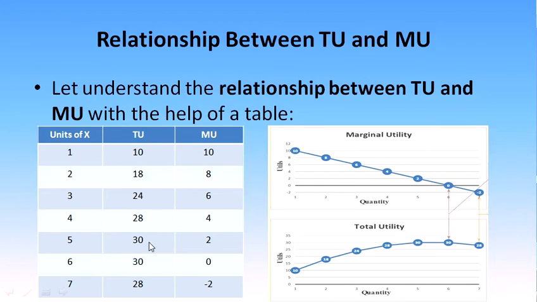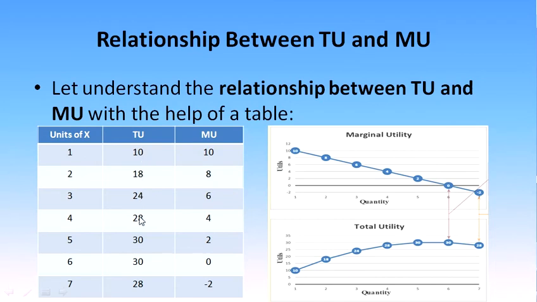Now this means that as we consume any commodity, let us take a burger or chocolate or ice cream, whatever it is, when we are consuming one after the other, the total utility we can see is increasing, but the rate at which it is increasing is continuously falling.